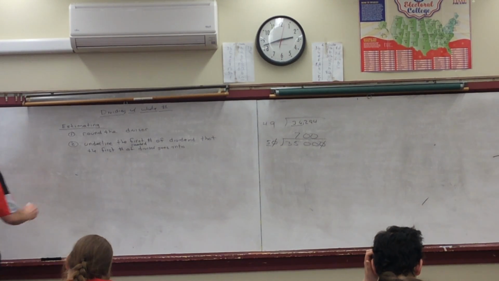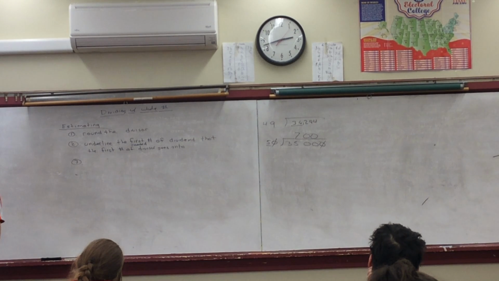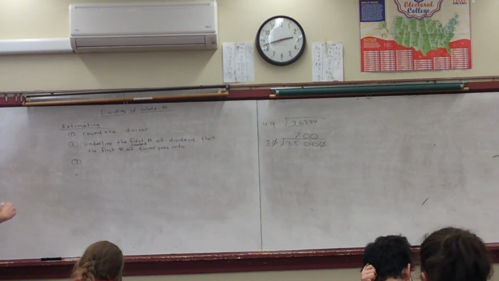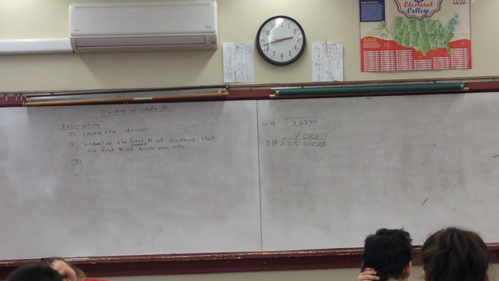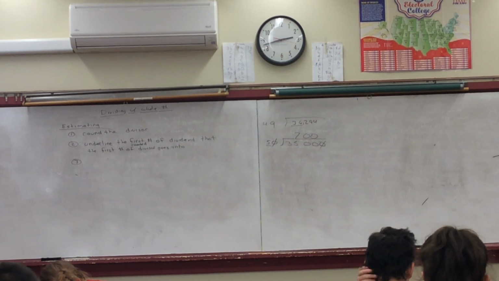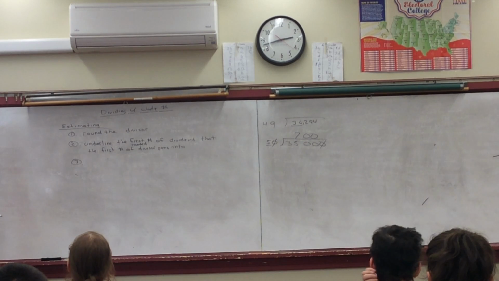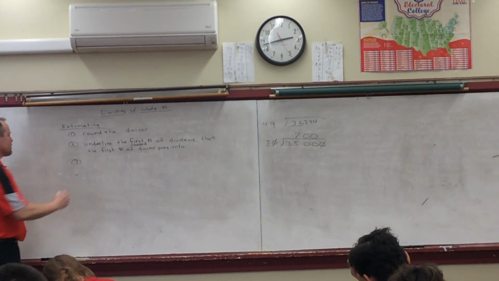Okay. What was the next thing we did? Anything behind the first digit. How about we just simply say, cancel any zeros that we can? Would that be clear enough?